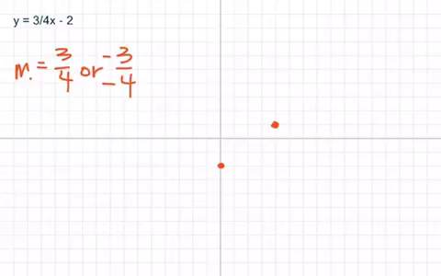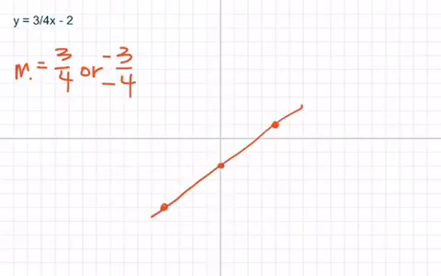Positive divided by positive is a positive, and negative divided by negative is a positive, so those two are equivalent. So not only can we go up 3 and to the right 4, we can also go down 3, 1, 2, 3, left 4, 1, 2, 3, 4, and plot our point. Then we connect those for the linear graph. Any questions on that?